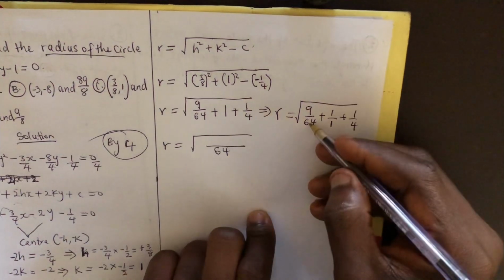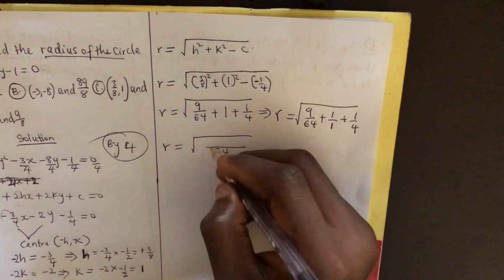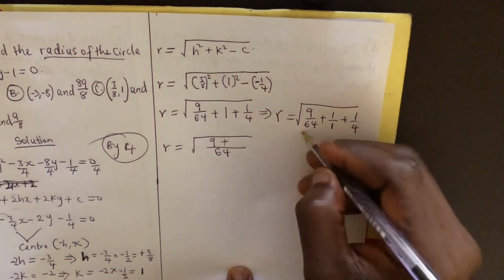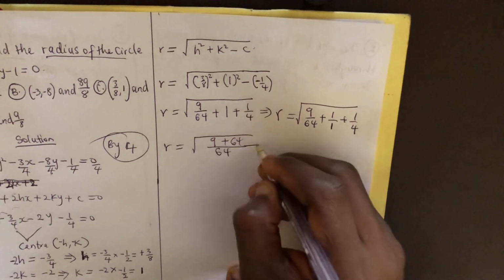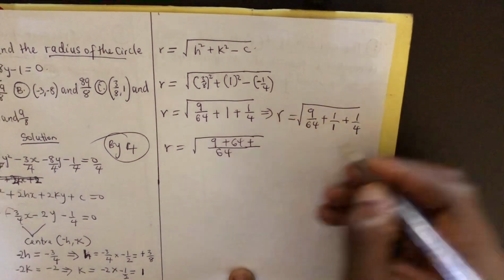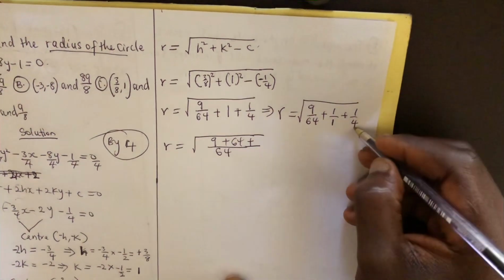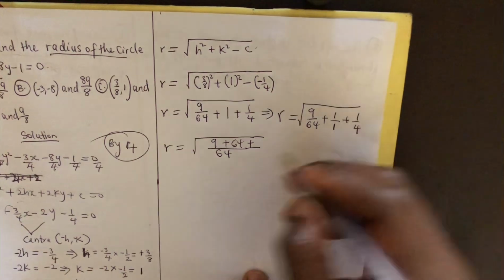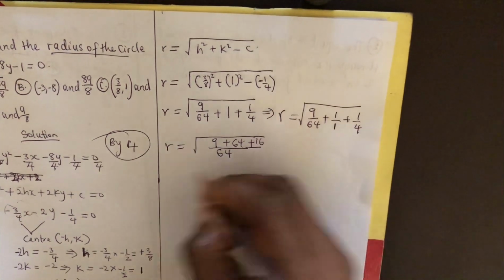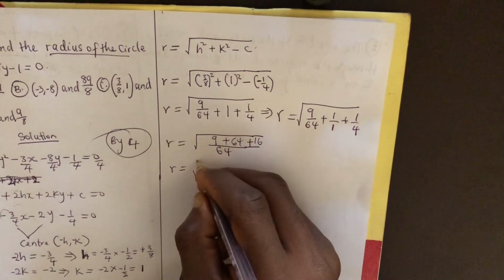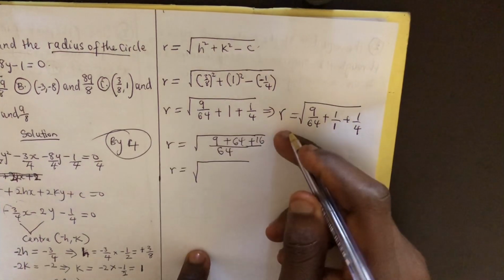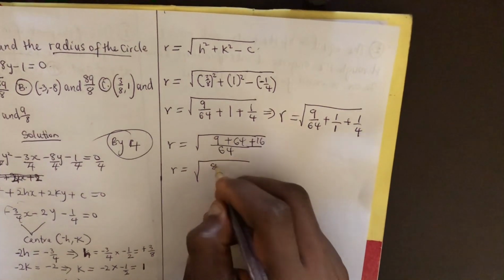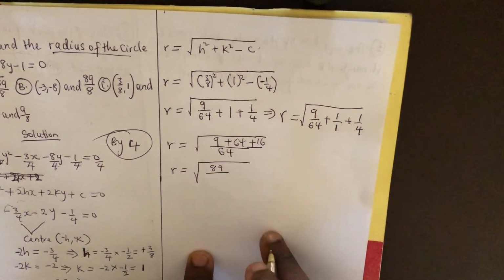So 64 divided by itself, then multiplied by 9 is 9, plus 64 divided by 4 is 16, 16 times 1 is 16. So I have my radius to be the square root of, when you add all what you have up here, you should get 89 over 64.